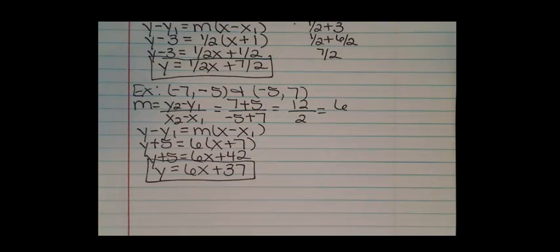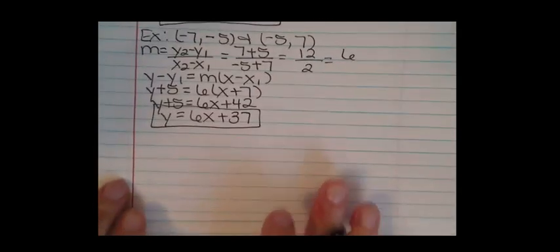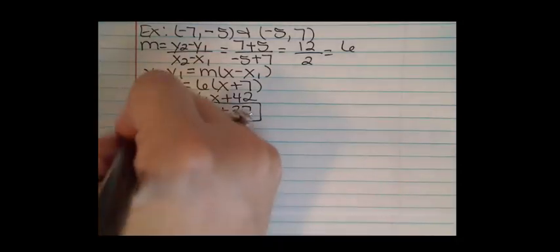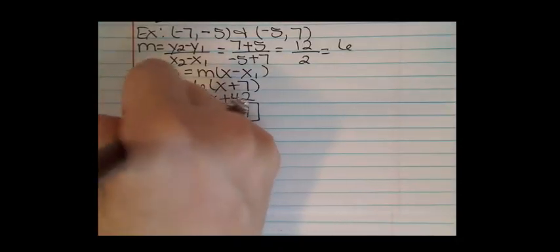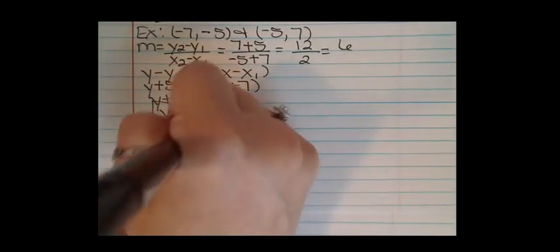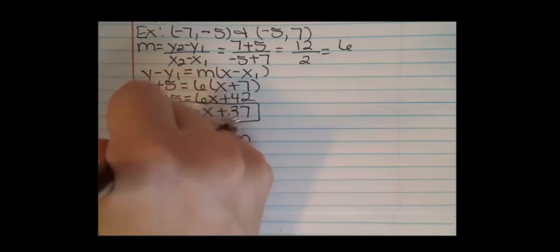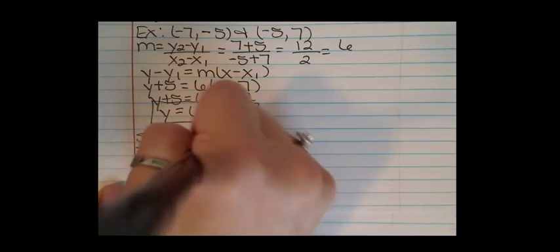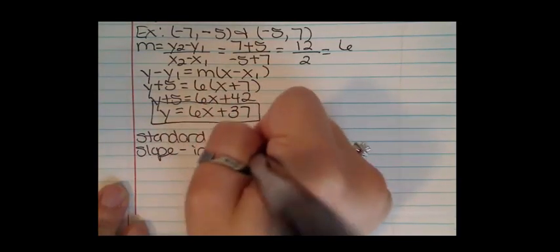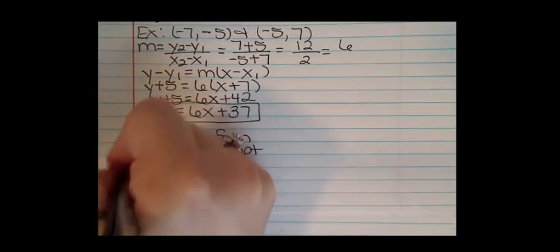All right. Something you might want to make a list of is the different types of forms we have, maybe on your cheat sheet or in your notes. You have standard form, you have slope-intercept form, you have point slope form, and then you also just have your slope equation.